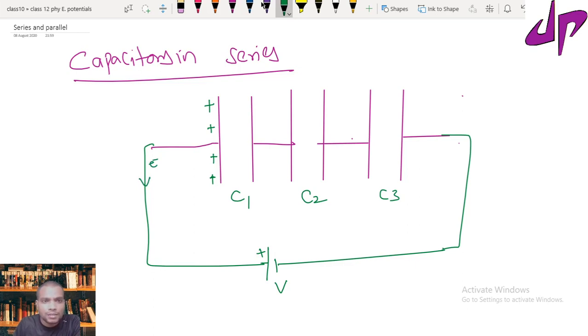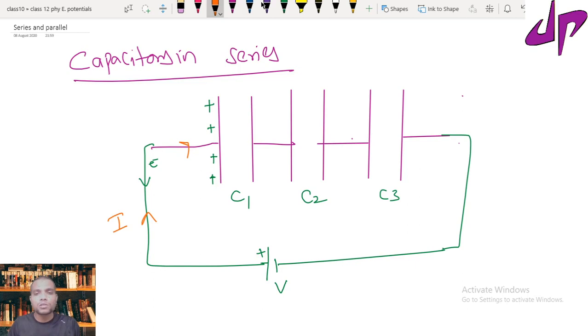This is the direction of the electrons, but if we represent only the direction of current, the direction of current is always opposite to the direction of electrons. That is the convention we are following.